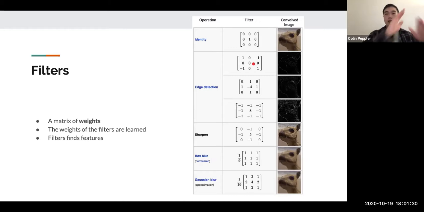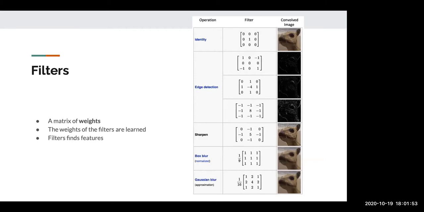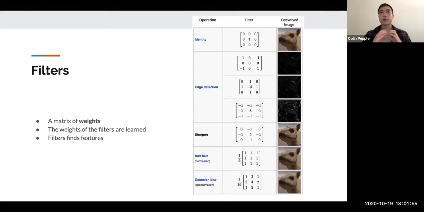So instead of having a vector of weights, which a multi-layer perceptron would do, you have a matrix of weights. And the multi-layer perceptron will learn those weights for the weighted column vectors. The convolutional neural network will learn the weights for the filters here.